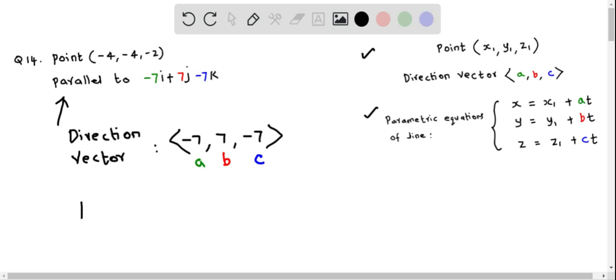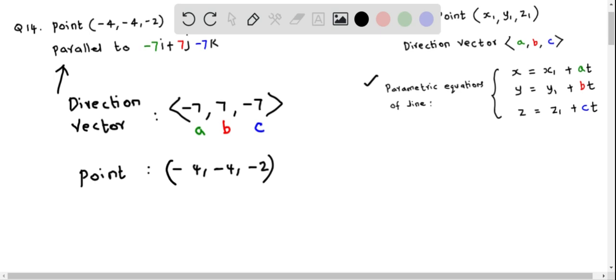Now let me put the point. We have the point (-4, -4, -2). So let's use this formula, where we write the point as x1, y1, and z1.